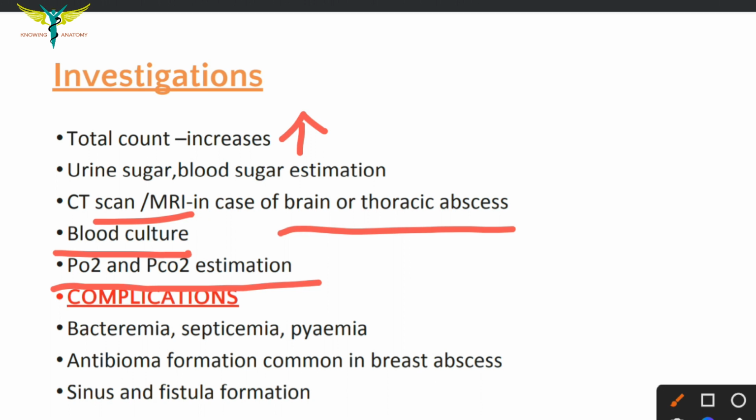The complications of the pyogenic abscess include bacteremia, septicemia and pyemia. In cases of breast abscess, antibioma formation is commonly seen, and sinus and fistula formation are also noted. So these are the complications of the pyogenic abscess.